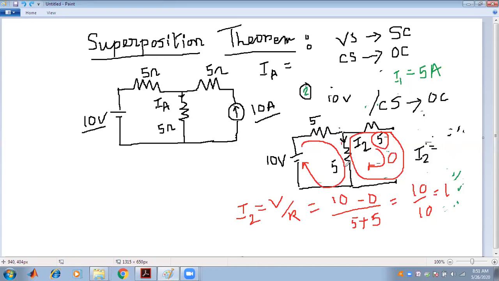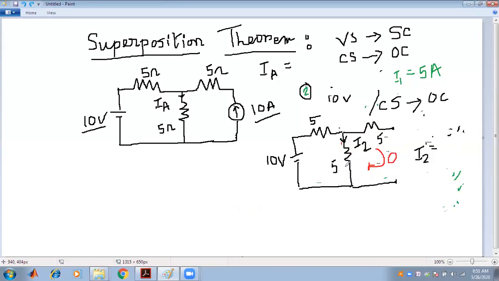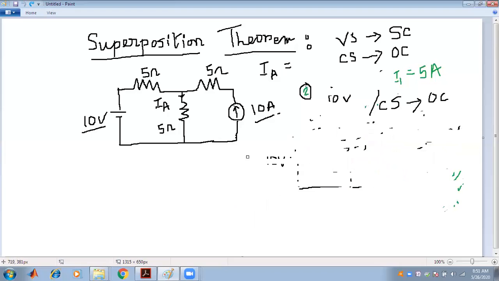So what we have found is that when both of the sources are operating, that is, when the 10 volt source is operating, the 10 ampere source is open circuited and the current is 1 ampere, that is I2.